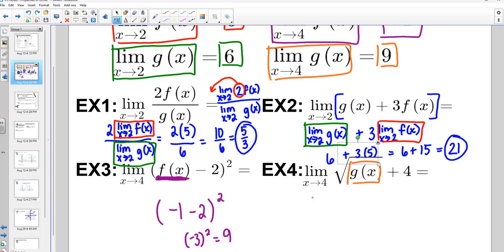And the root rule and the coefficient rule tell us that the other stuff basically just stays the same. So I'm going to get square root of 9 plus 4, which is going to give us 3 plus 4, which is just 7 for that.